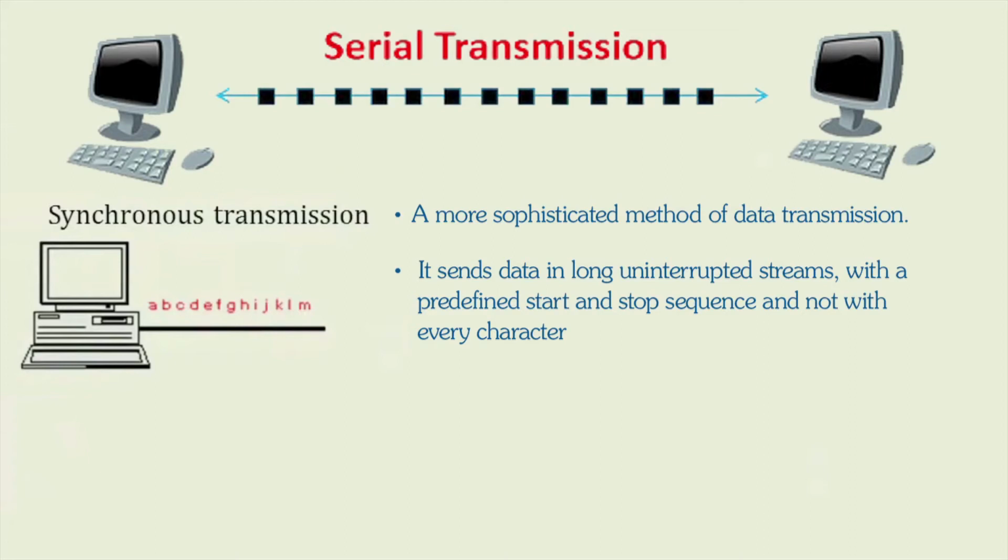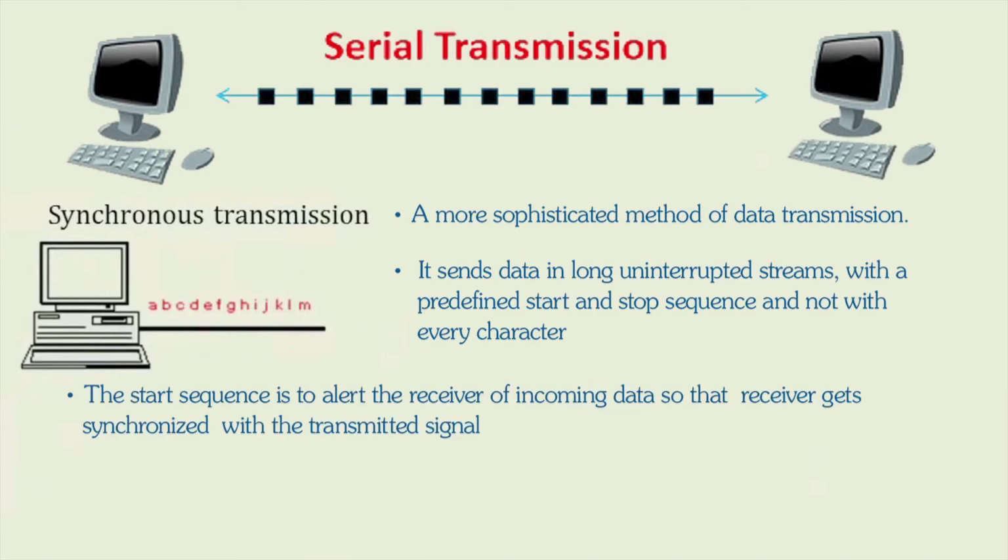Overheads are very high in asynchronous transmission, because with every character you send a start bit and a stop bit. Here you do not need to do that. So after the start bit you can send a number of characters. The start sequence is to alert the receiver of incoming data so that the receiver gets synchronized with the transmitted signal.